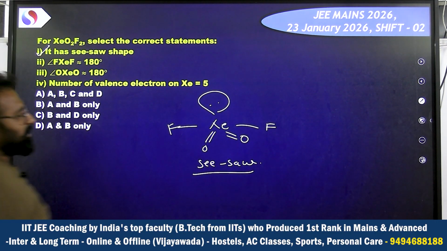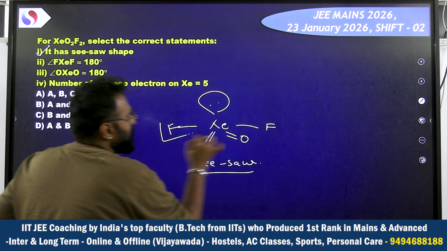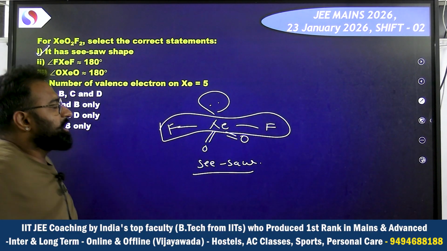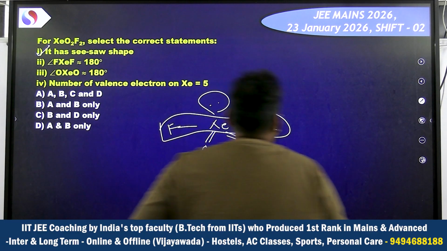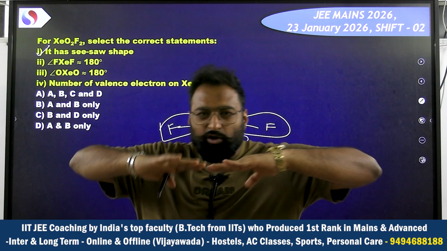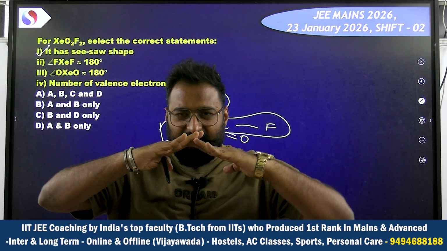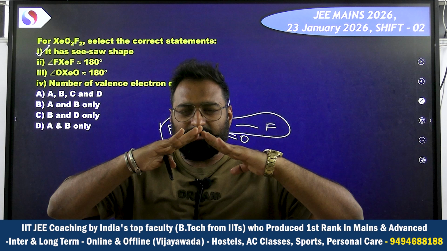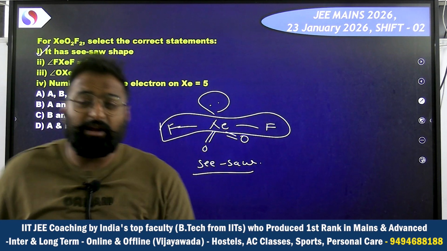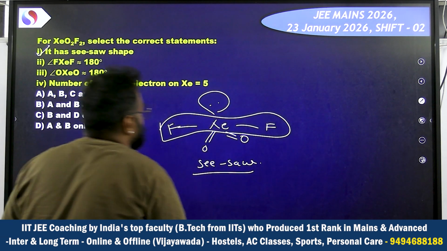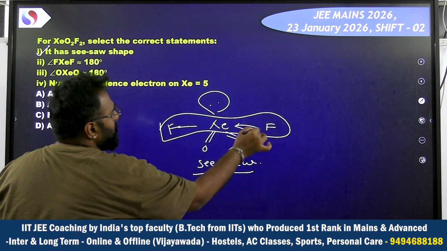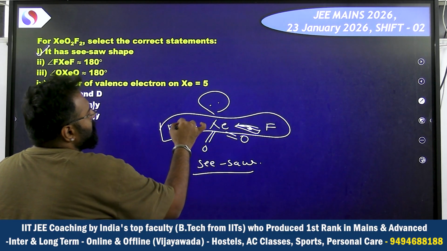Now see the angle. यहाँ पे when you draw the structure of seesaw, it is not exactly like this. It is slant. So the angle is not equal to 180 degree. If you draw the exact structure, this will be forward direction and this will be backward direction.